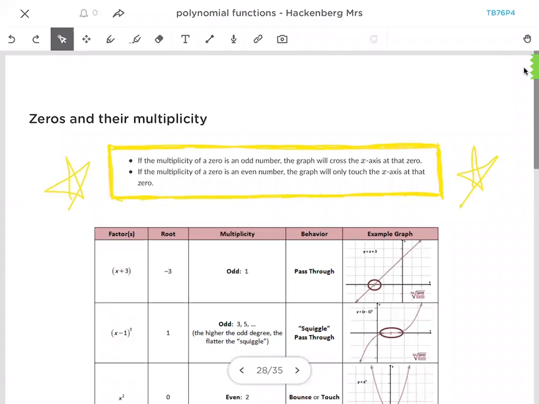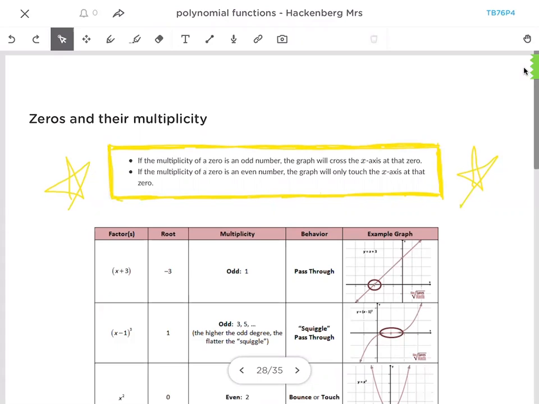We will begin. If you take a look here at this idea of multiplicity, this was one of those things that we need to be familiar with in terms of our roots.